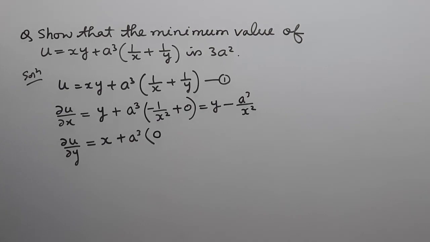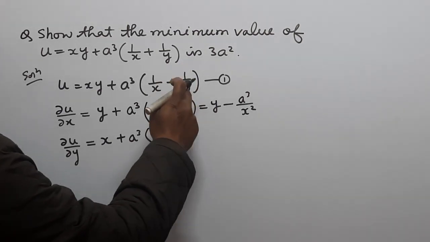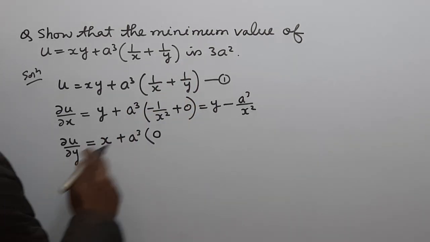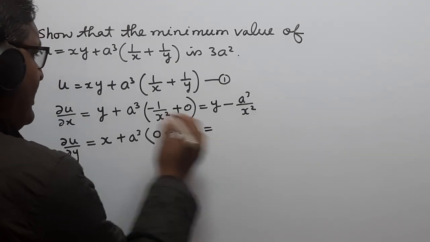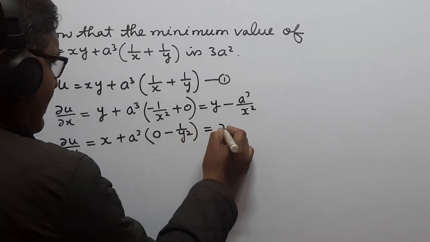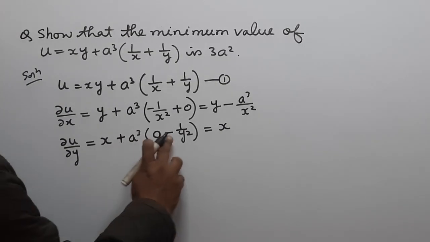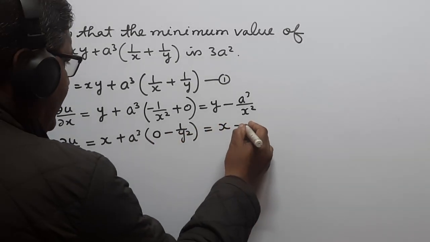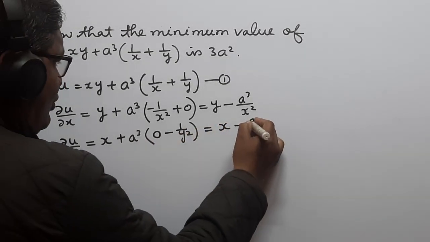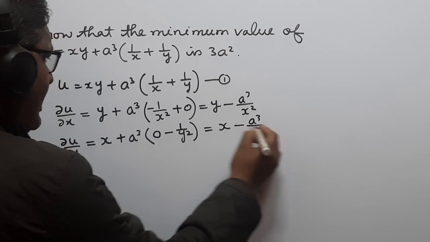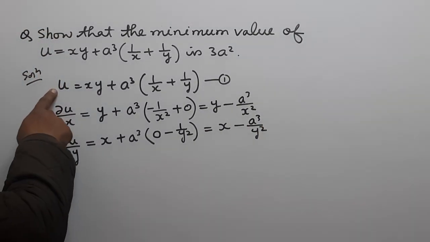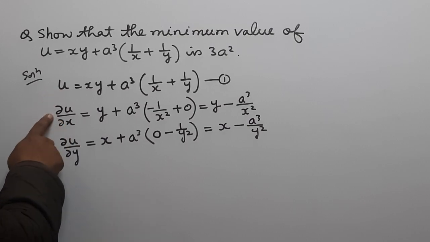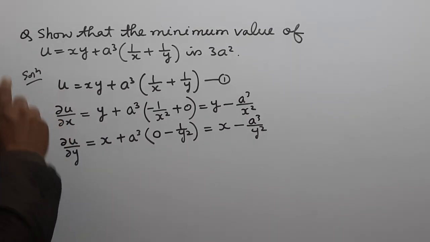When we differentiate 1/y partially with respect to y, we get minus 1/y². This becomes x, and plus multiplied by minus gives minus a³/y². So first we find the partial derivatives of function u with respect to x and y.